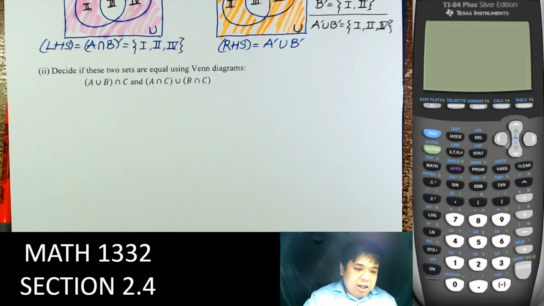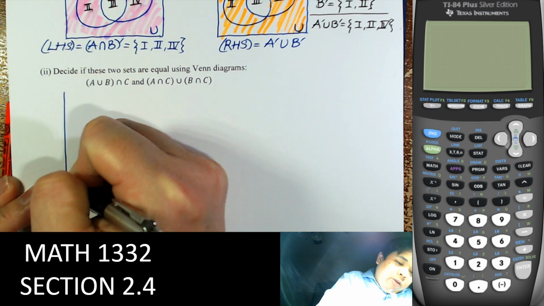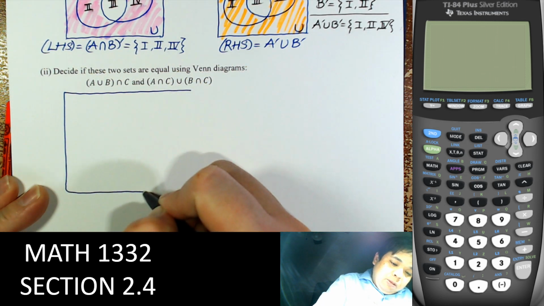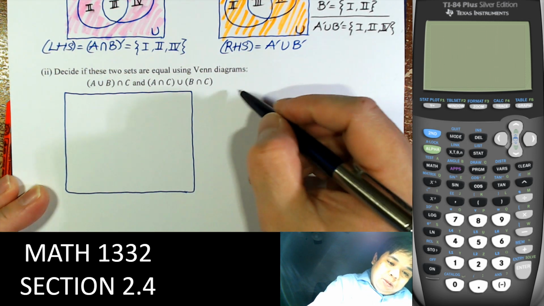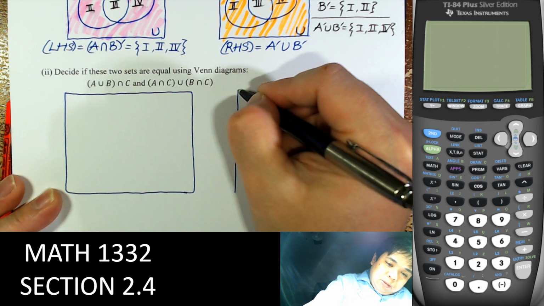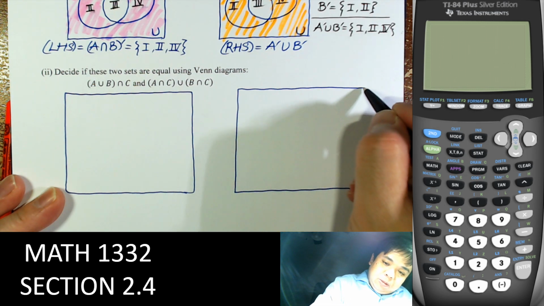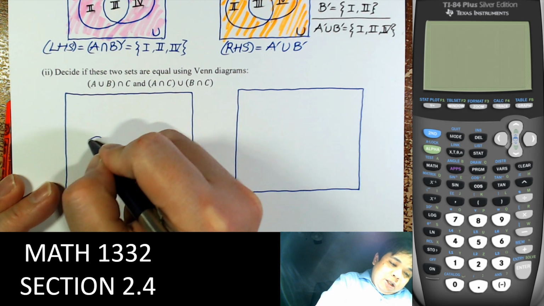Next, decide if these two sets are equal using a Venn diagram. Now, this is a little more complicated. We have 3 sets, but we still draw the Venn diagram for both. Let's do this.